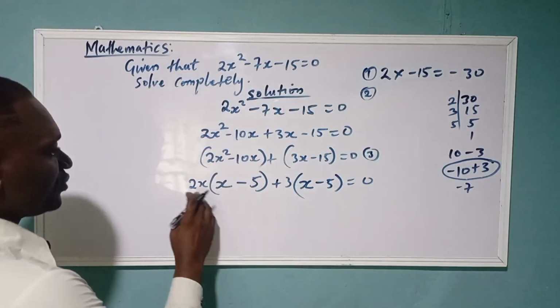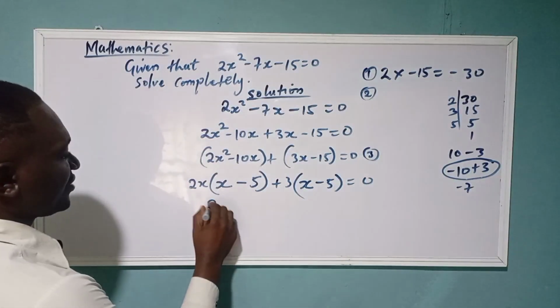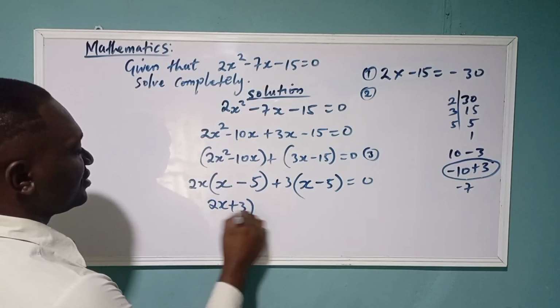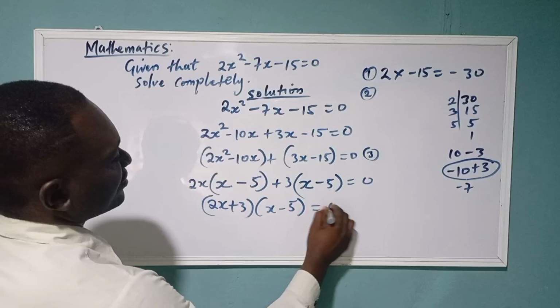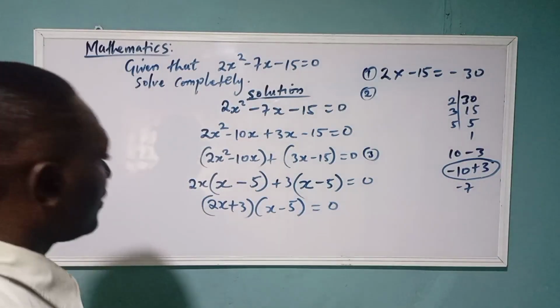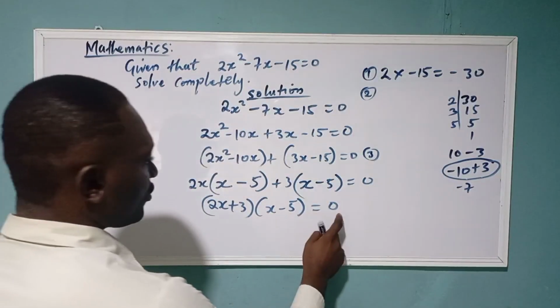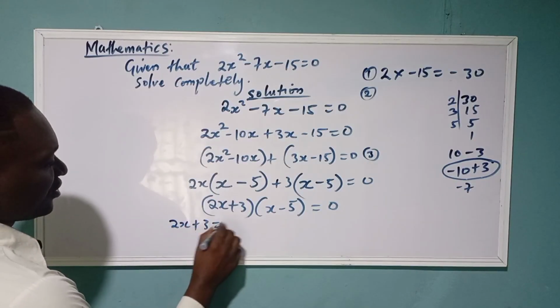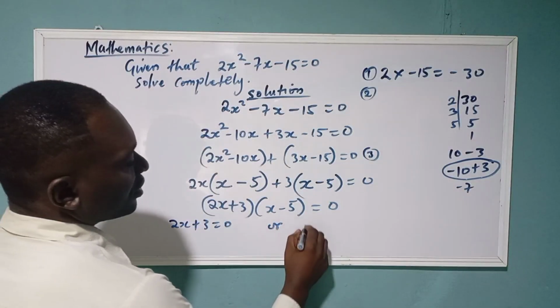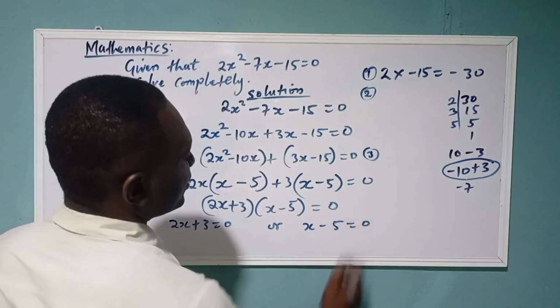Now let's group those external factors together. So we have 2x plus 3, and then we'll pick one of these factors, x minus 5, and it's equal to 0. Now, since the product of both of these is equal to 0, you are allowed to say that 2x plus 3 is equal to 0, or x minus 5 is equal to 0.